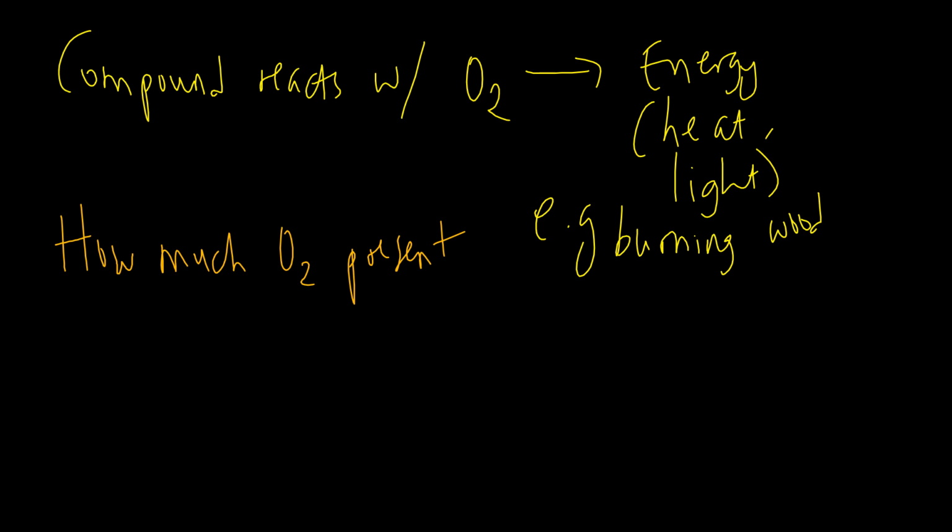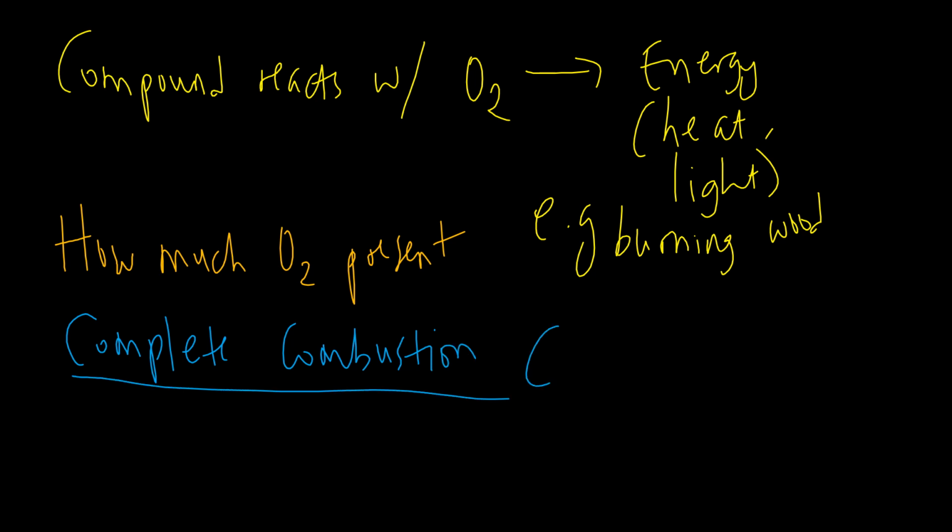So just jumping into complete combustion, this is what happens when there is an abundance of oxygen. And by that, I mean you have loads of oxygen and it's reacting with some type of organic material.